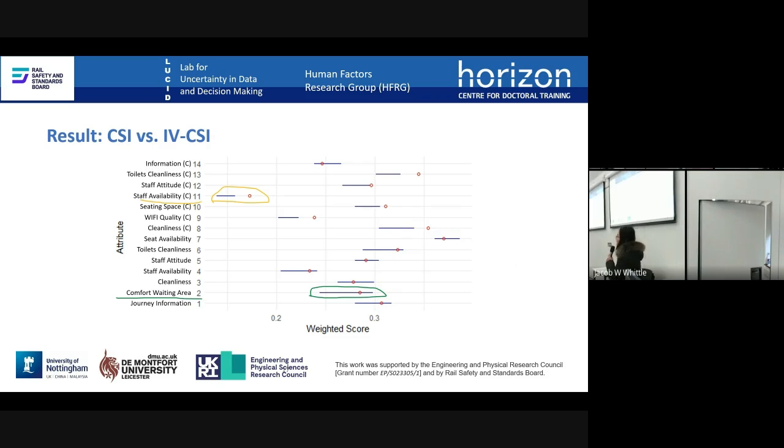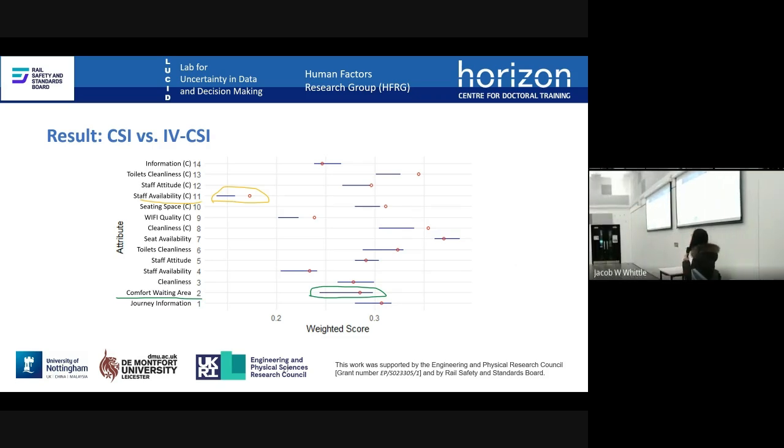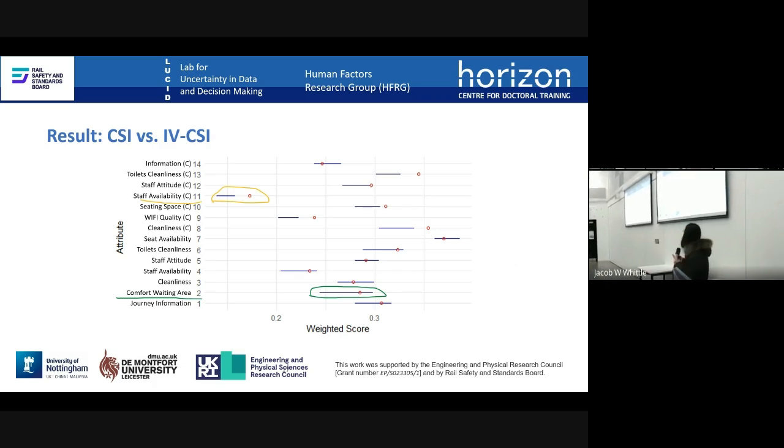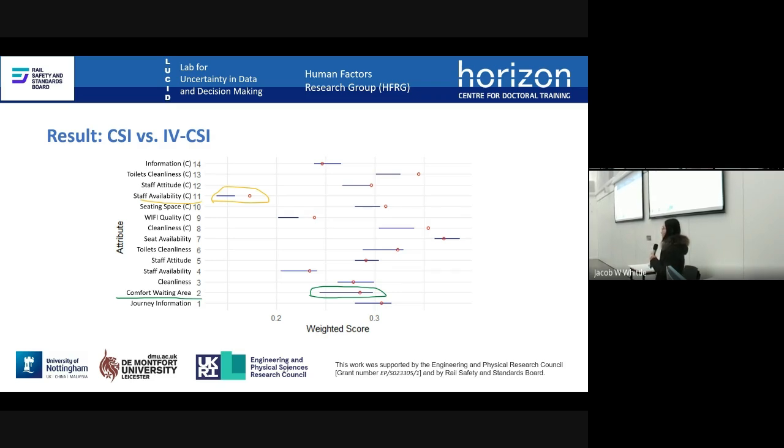Another thing we identified from the interval is the width of it. For example, here for one attribute level, we can see not only that it has relatively the lowest contribution towards overall satisfaction, but also the relatively lowest range too. That shows people not only think it doesn't really matter, they are also quite certain about it.